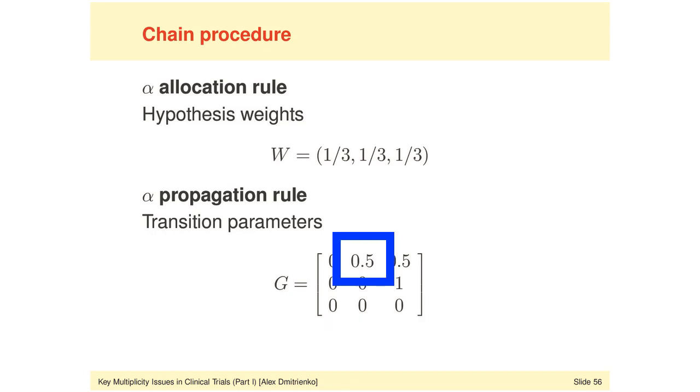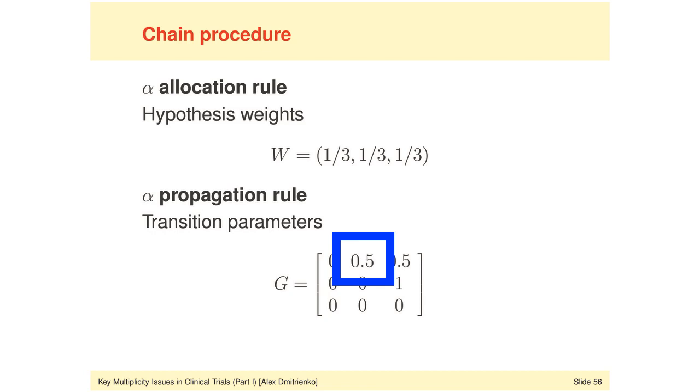For example, in the type 2 diabetes trial, we assume that the hypotheses are equally weighted, and as a result, the elements of this first vector, denoted by W, are all equal to 1/3, and the matrix of transition parameters is defined as follows. Let's select, for the sake of example, the second element in the first row.